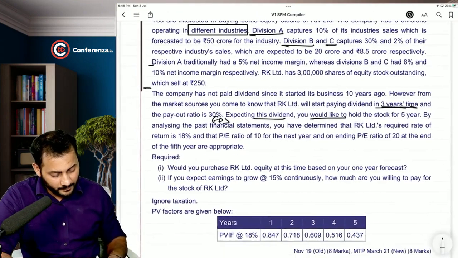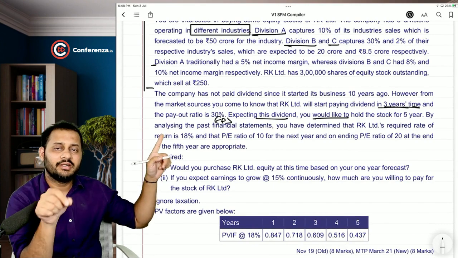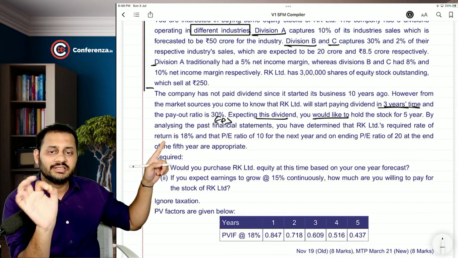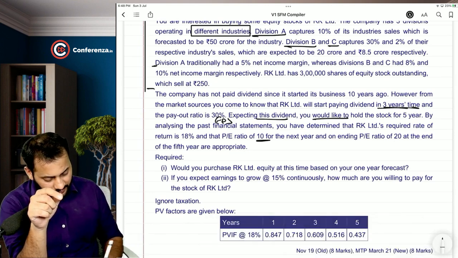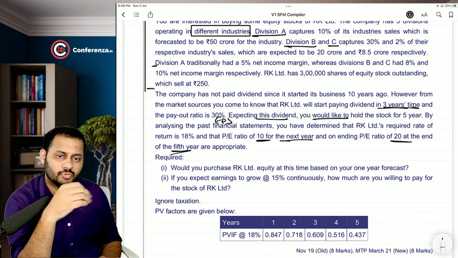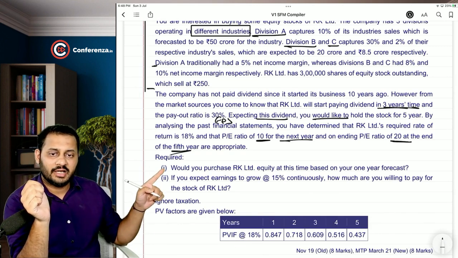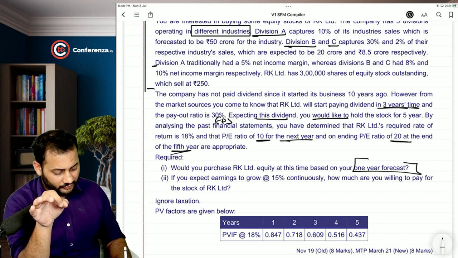By analyzing the past financial statements, you have determined that the company's required rate of return is 18%. PE ratio will be 10 for the next year and 20 for the 5th year. Would you purchase RK Limited equity at this time based on your 1 year forecast?